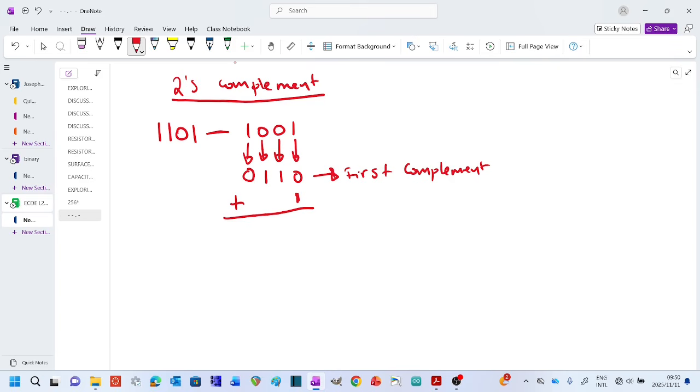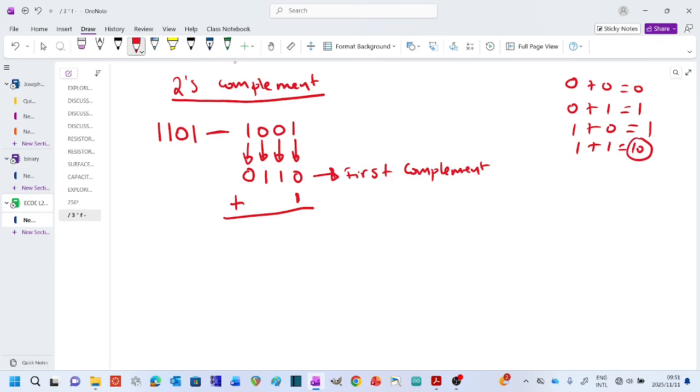So first complement plus 1. Remember the rules of addition. Sorry, there's a mistake there. Let me redo it. Remember the rule of addition: 0 plus 0 is 0, 0 plus 1 is 1, 1 plus 0 is 1, and then 1 plus 1 is 1, 0.